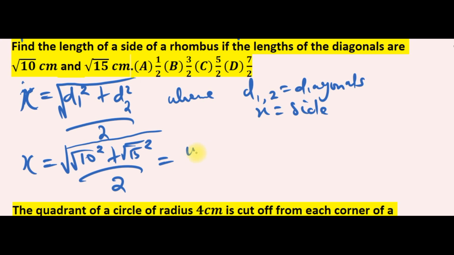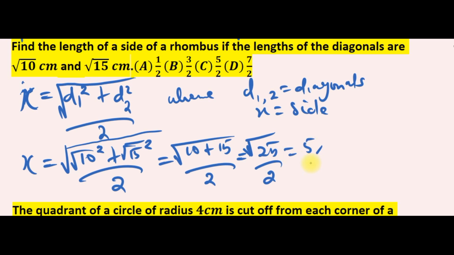So which is 10 plus 15 all in square root over 2, which is square root of 25 over 2. So our answer is 5 over 2. So you don't need to waste time. Yeah, so that's the relationship I derived earlier.